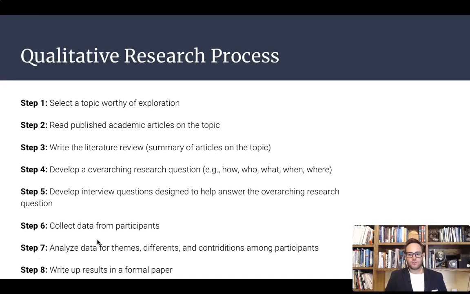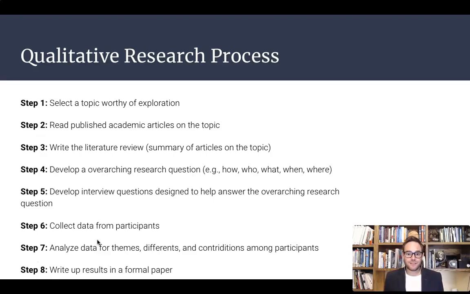How did that make you feel? It leaves the conversation open. Closed-ended questions are saying, did you like this, or did you do this? And oftentimes it's either a yes or a no answer. Those are very closed-ended questions. So develop some research questions designed to help answer that overarching question.